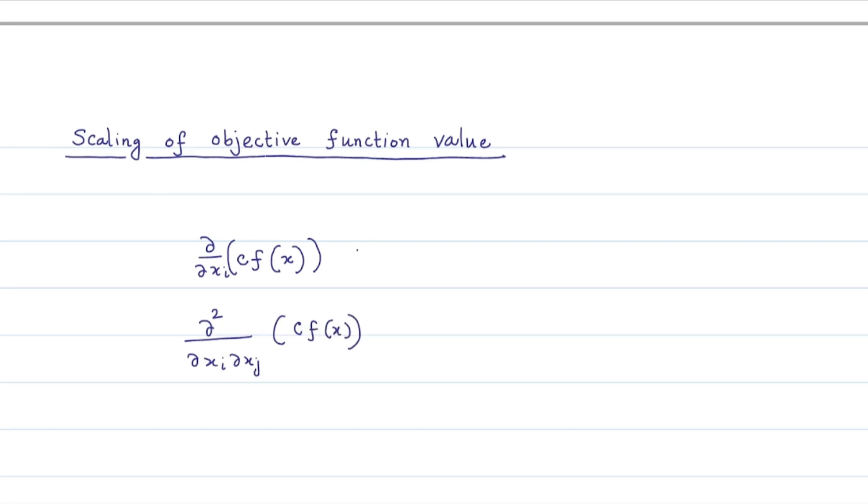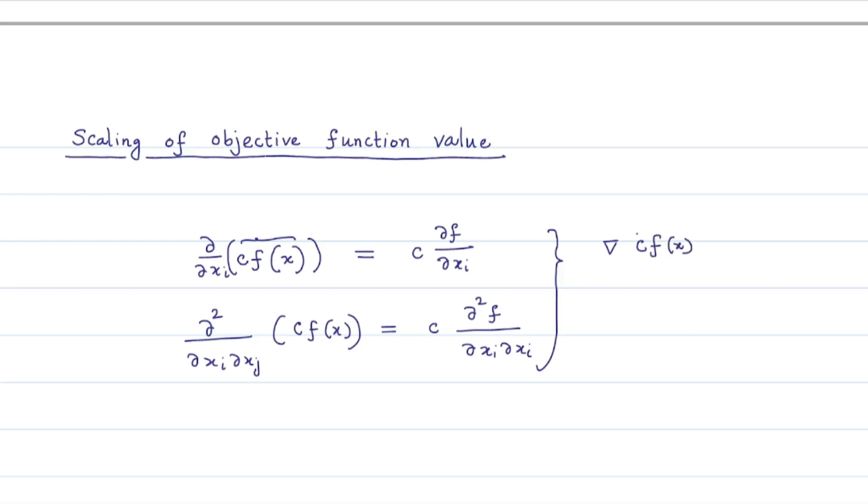You notice that both these calculations, the first order partial derivative and the second order partial derivatives, are simply getting multiplied with the factor c that we have factored in the objective function value f(x), and therefore the gradient of the function f after this constant factor is multiplied is given by this constant factor c times grad with respect to x of the function f.